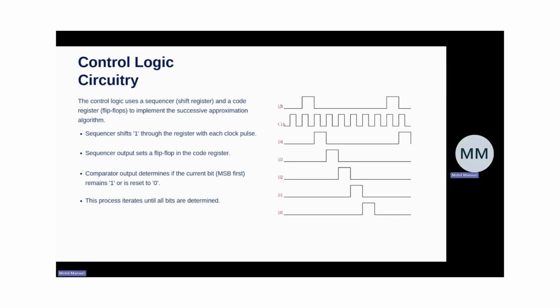Each sequencer output sets a flip-flop in the code register, starting with the most significant bit. The comparator output then determines if that bit stays at 1 or gets reset to 0. This process continues until all bits have been determined, resulting in the final digital output that represents the analog input value.